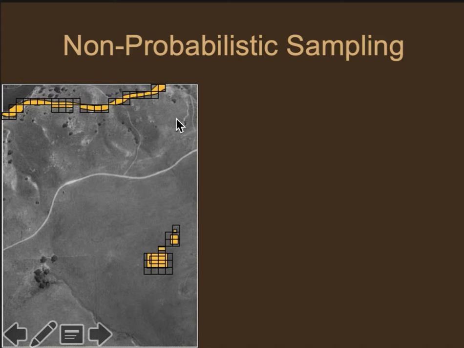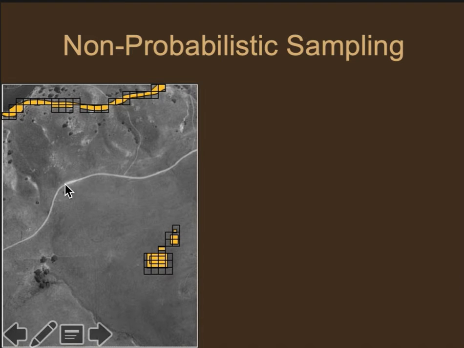So if you presented this information, you said we've identified these sites, and then someone asks you, well, how do you know people weren't living close to this river, or how do you know people weren't living in this area? You wouldn't be able to say, well, I know they didn't live there because I sampled it, because you didn't sample it, and so your sample is not representative.